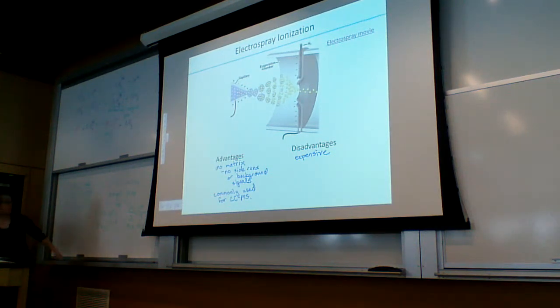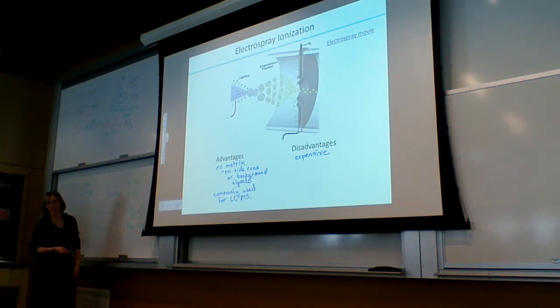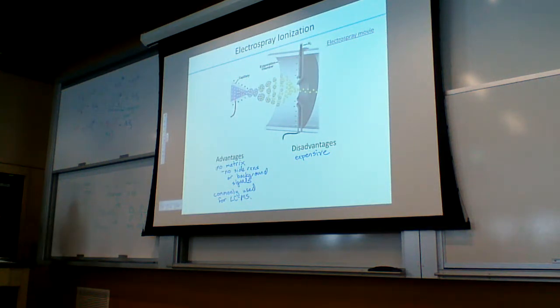For example, if our mass was 10,000, you're going to see 5,000. If it was 10,000 divided by 3, 333. So you're going to see different ions, and you have to have a way to correlate those. And they have ways to do that if you're getting into it. But I can go over those.